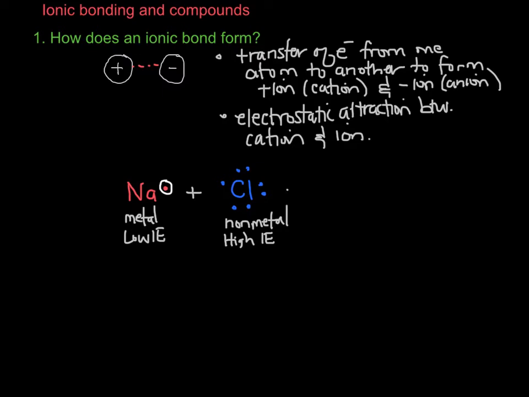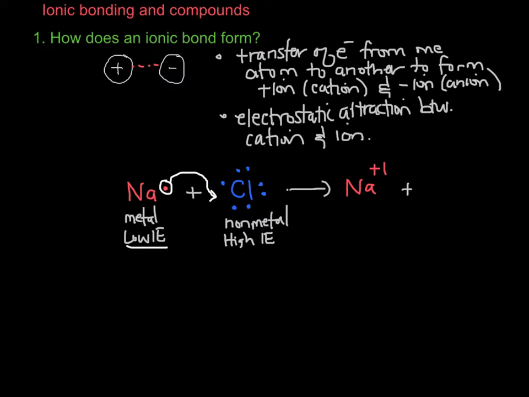And so it's going to be easy to remove that electron from sodium, because of its low ionization energy, and transfer it to the chlorine. So we get a sodium ion. Remember, it just lost a negative charge, so it's going to end up positively charged.